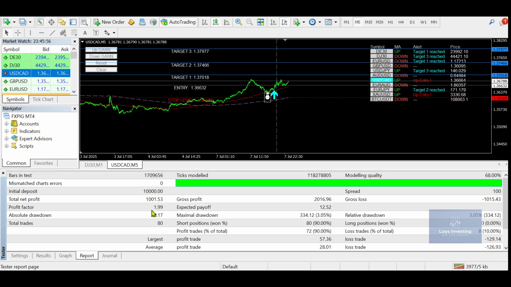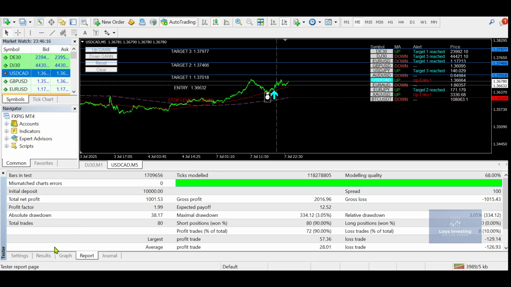So August had a better profit factor of almost 2. Almost no drawdown, $38. Maximum drawdown 3%. Success rate 90.